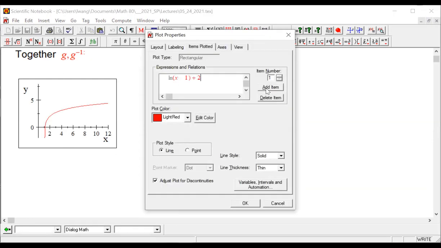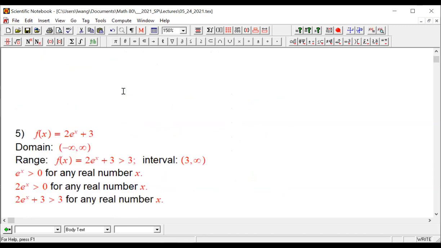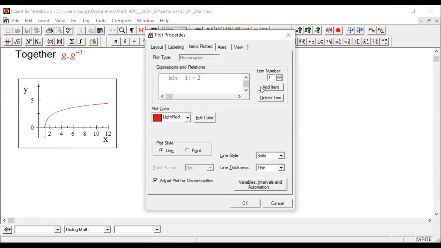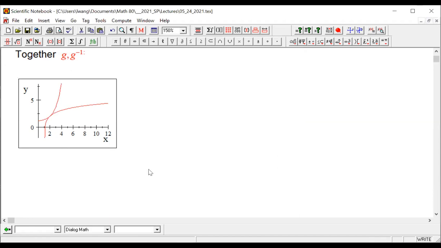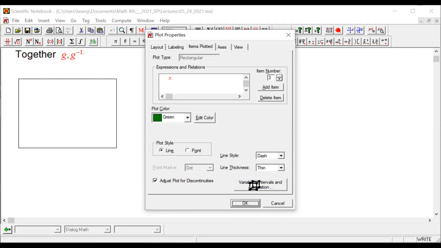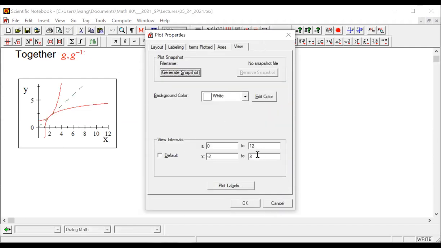The next picture we're going to do is the universe. So we have the G inverse. They are together in this picture. They're both red, and I'll mark it. I'll make some necessary adjustment: the green line of symmetry and the scale, the view.